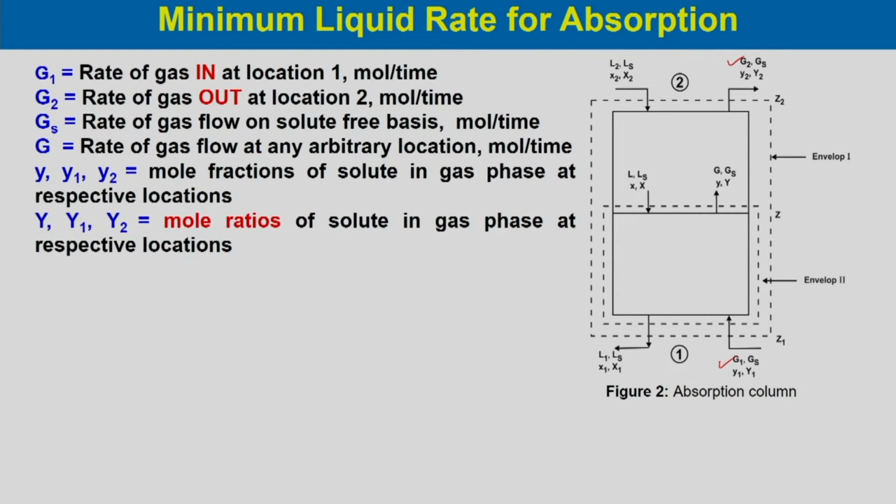Gs is the rate of gas flow on solute free basis, also in unit of mole per time. Then G is the rate of gas flow at any arbitrary location inside the column, in mole per time.